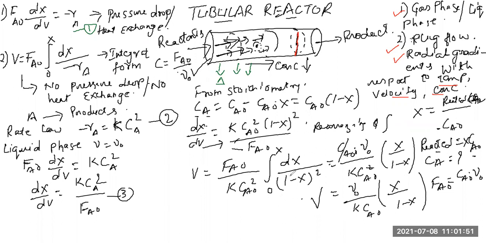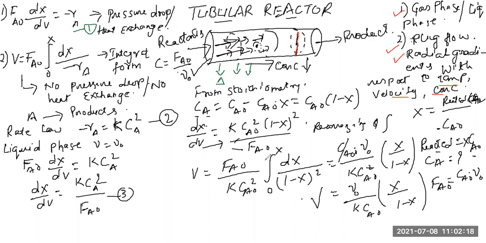Now we would be introducing another thing, space-time, right? Space-time we have done in chapter 2. Space-time is the time that a fluid takes to completely enter the reactor, right? And we also said in the lecture on space time and space velocity that space time is one of the performance measures of flow reactors.